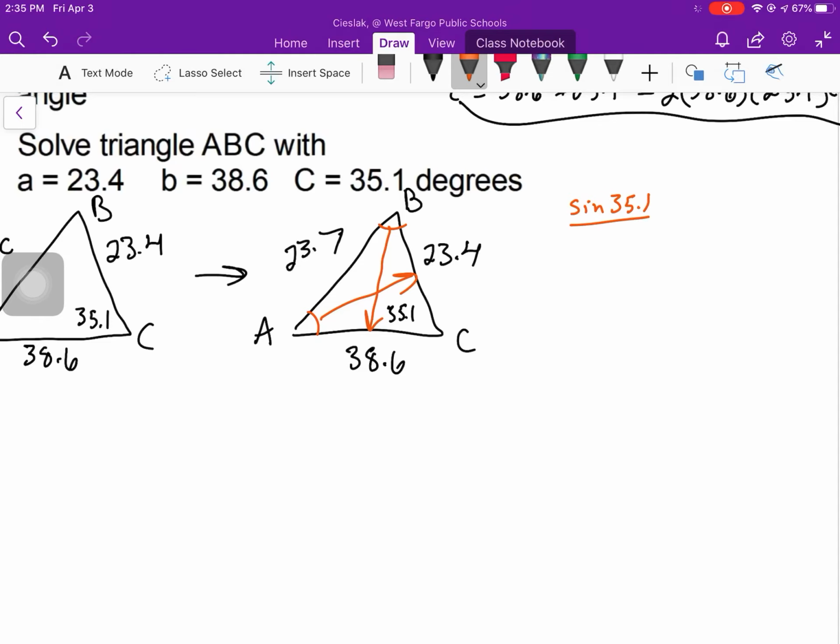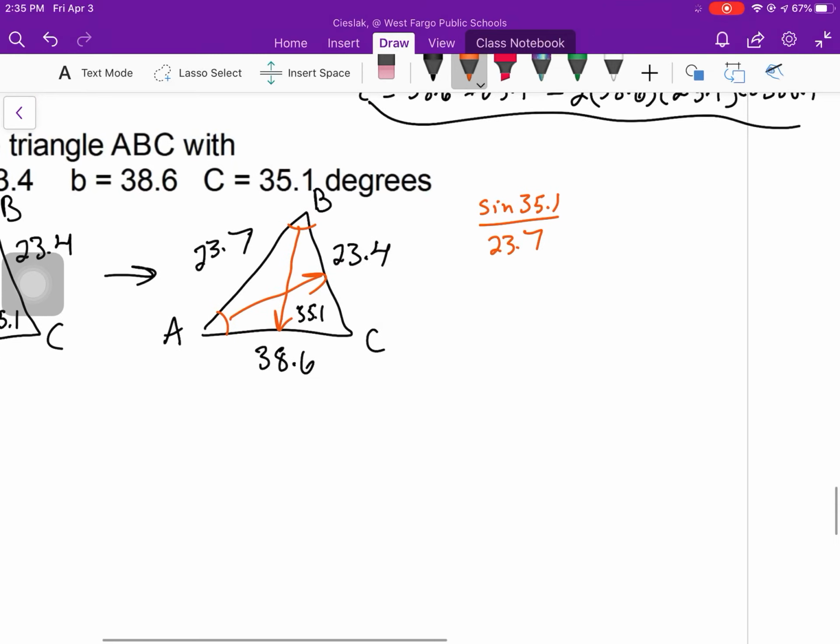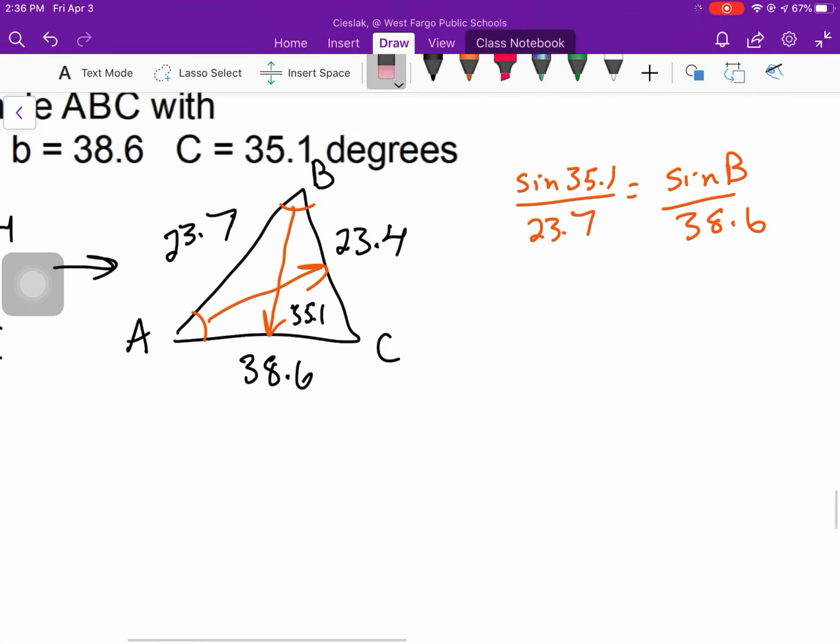So I'm going to go sine of 35.1 over 23.7 is equal to sine of B over 38.6. If we go through that process, you would get that angle B is equal to 69.5 degrees.